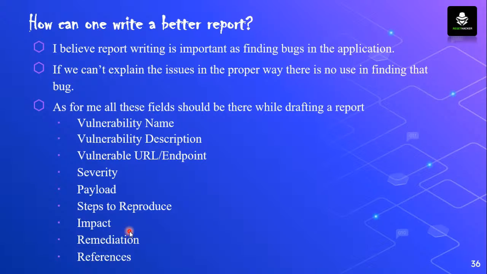And the bigger the impact, the higher the severity of the vulnerability, so always try to think out of the box when showing the impact. And remediation, how the vulnerability can be fixed, and references about that vulnerability, I'll mention all this in the report.